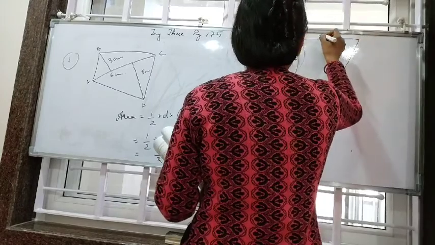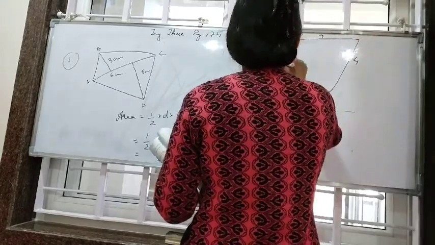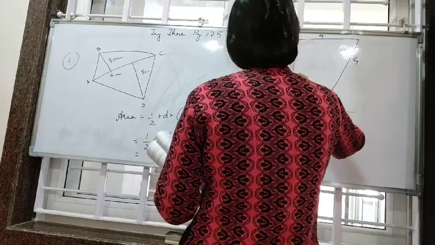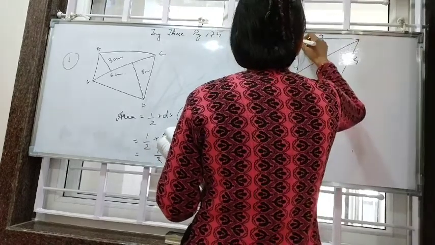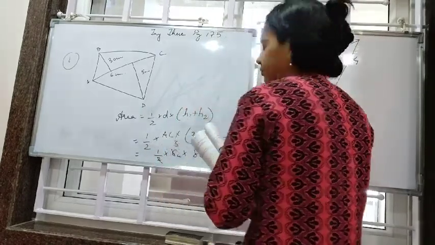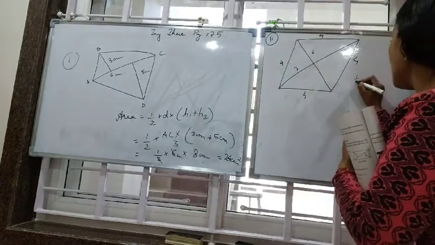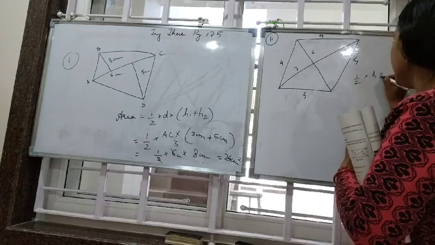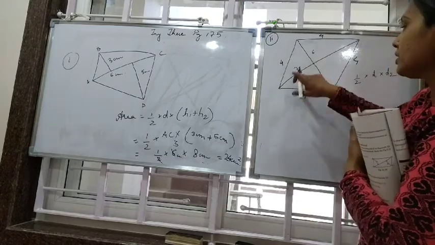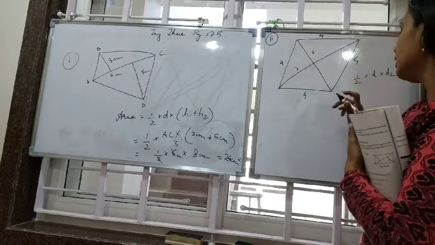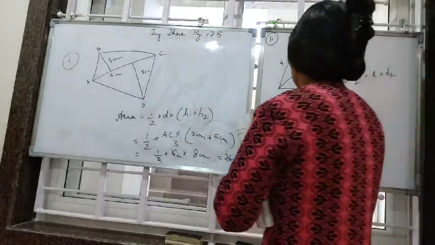So just now we found the area of a rhombus. This is 7 and this is 6. Yes. So we found the area of the rhombus, that is half of D1 into D2. What is D1? Diagonal 1 and diagonal 2. So let's write that.